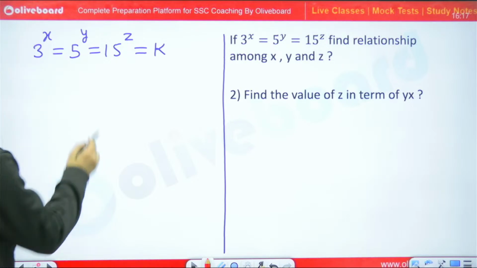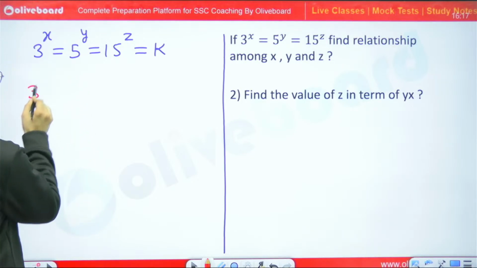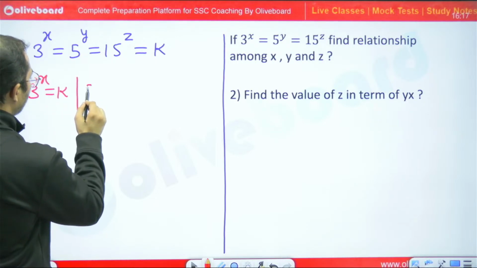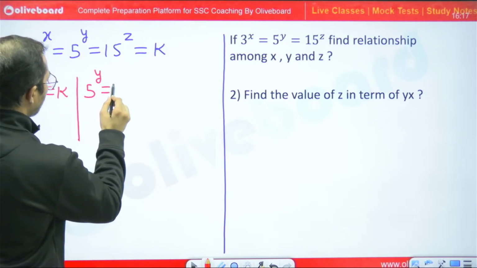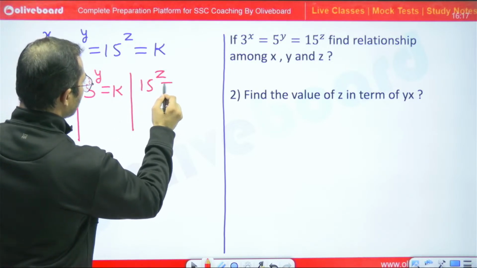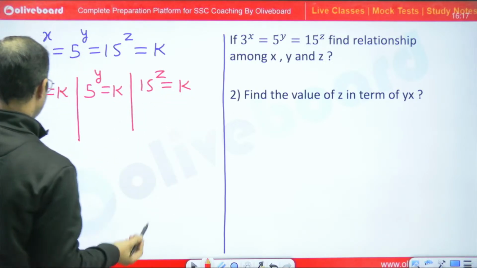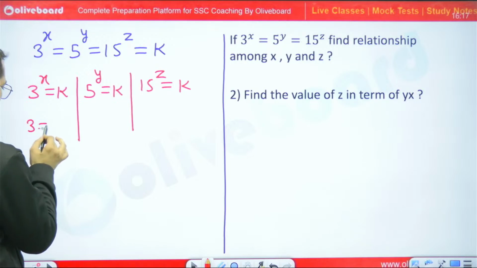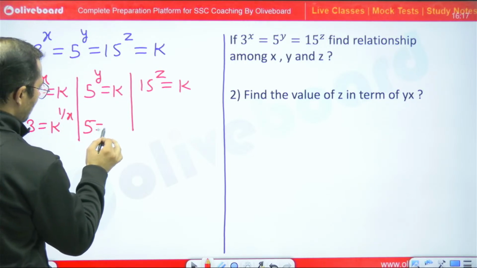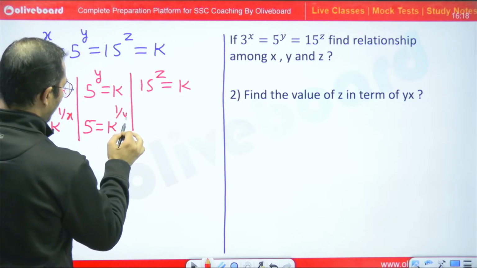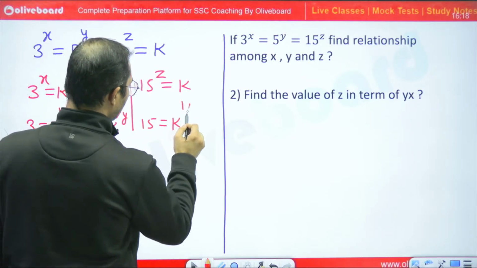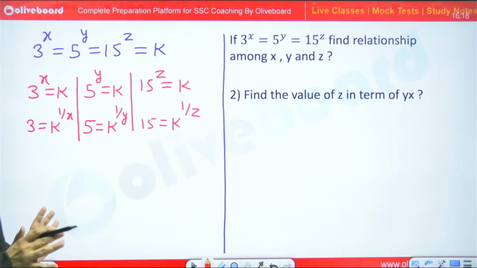So here we can write 3 to the power x is equal to k, 5 to the power y is equal to k, and 15 to the power z is equal to k. So we can say that 3 is equal to k to the power 1 upon x, 5 is equal to k to the power 1 upon y, and 15 is equal to k to the power 1 upon z. Simply we can write this.